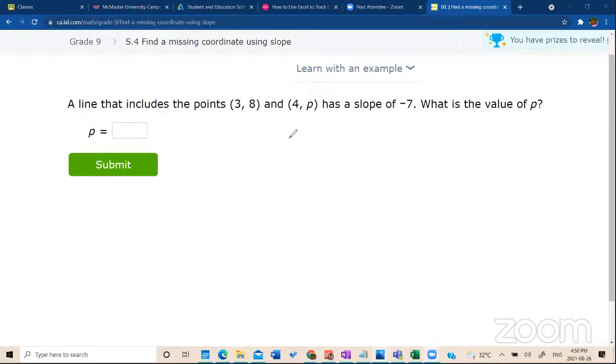So first we have to do the slope formula. What's the slope? The slope is negative 7. So first I'll do negative 7 equals, and now we have to set up. It's going to be 4 divided by 8, and 3 divided by Q.